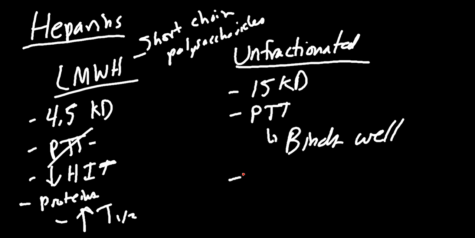You can reverse unfractionated. It's hard to reverse low molecular weight heparins. So unfractionated, if you're in a patient that you need to monitor very closely and may need to reverse it if possible, you'd probably use an unfractionated because you can reverse it with protamine sulfate.